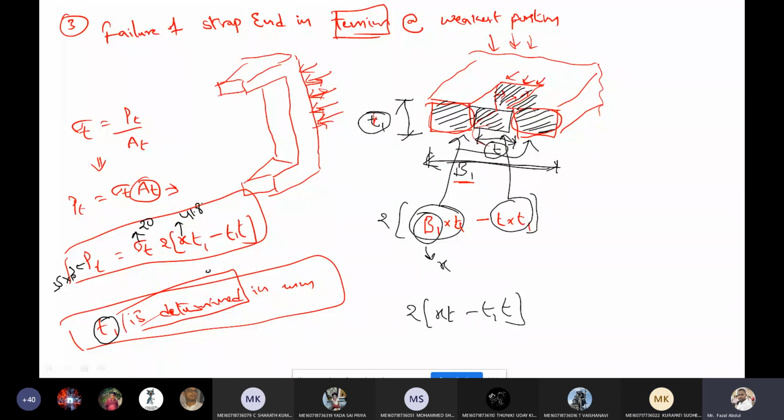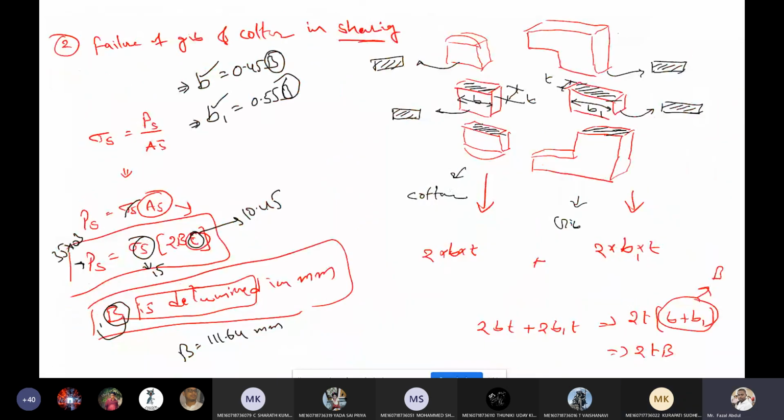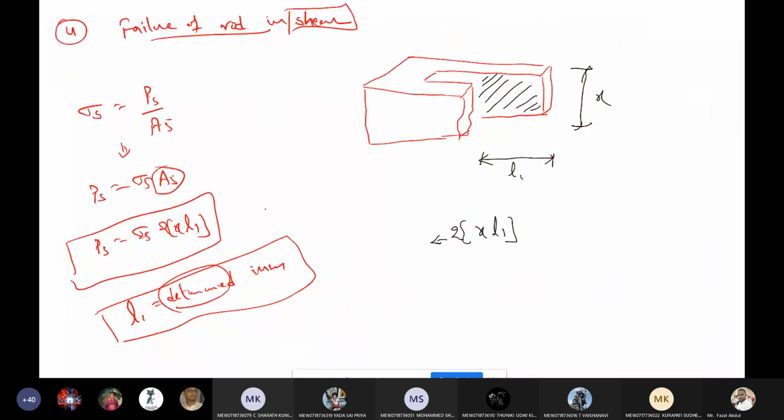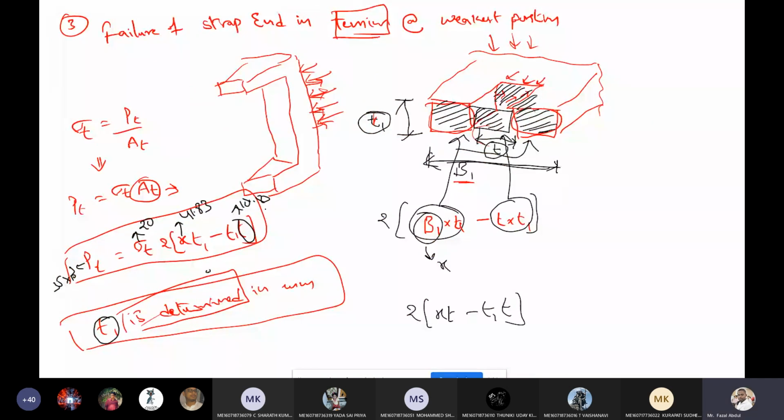And T value how much we got? 10.45, sir. Yeah, 10.45. And tell me the T1 value.